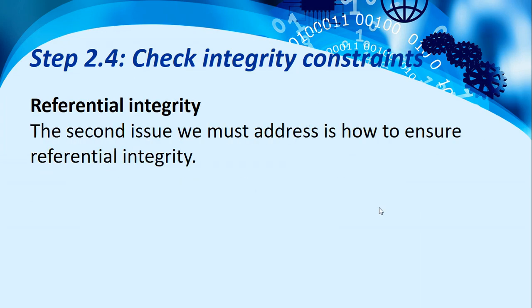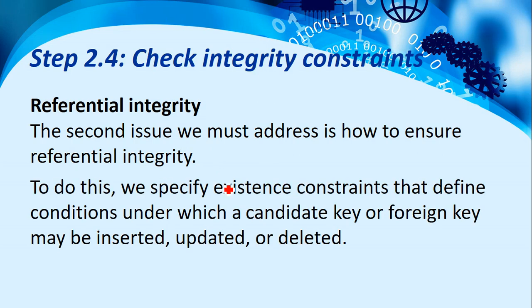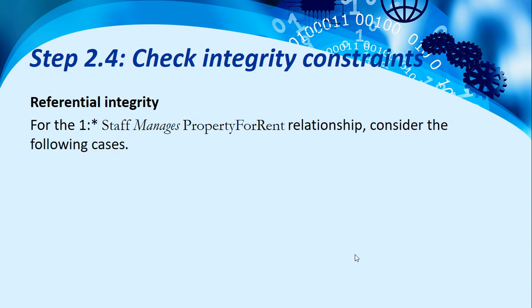Okay. So the second issue is we must address how to ensure referential integrity. To do this, we specify existence constraints that define conditions under which a candidate key or foreign key may be inserted, updated, or deleted. So for example, going back sa kanina, one-to-many staff matches property for rent, consider the following cases.